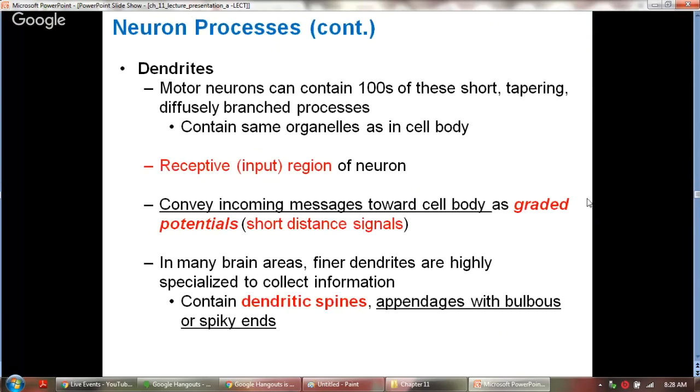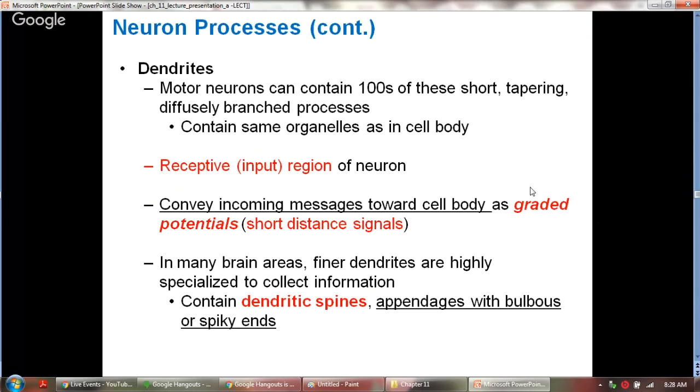So dendrites, in the motor neurons, can contain hundreds of these short tapering branched processes, and they contain the same organelles as in the cell body. So it's a receptive or the input region of the neuron, and signals travel toward the cell body as a graded potential.